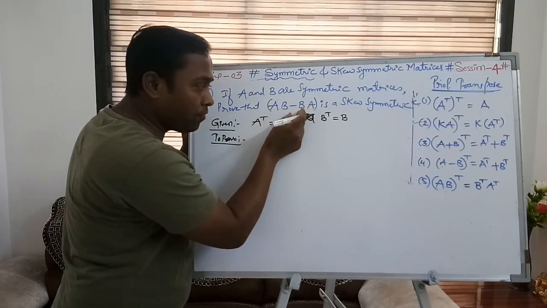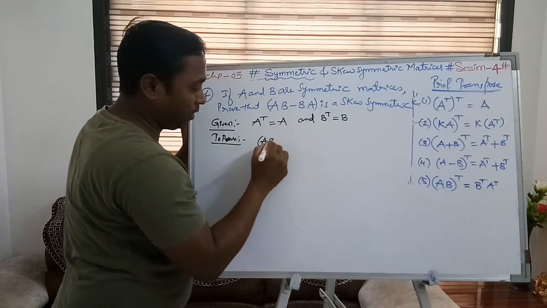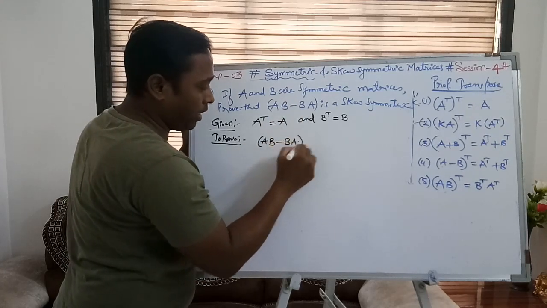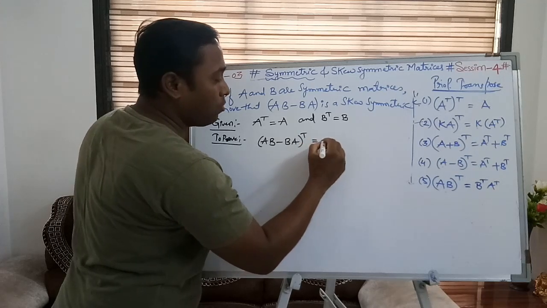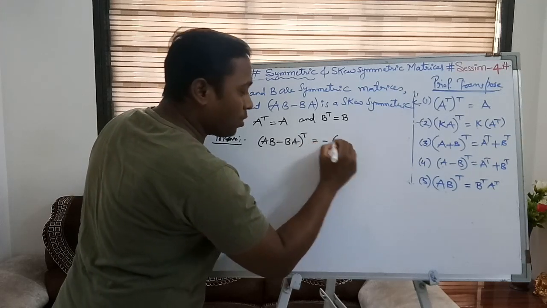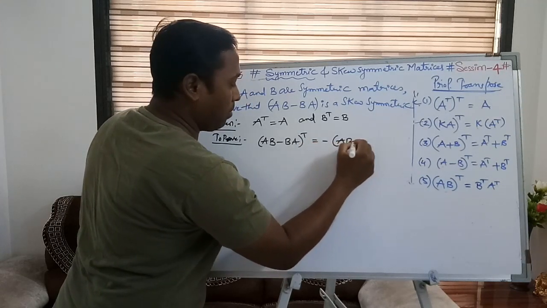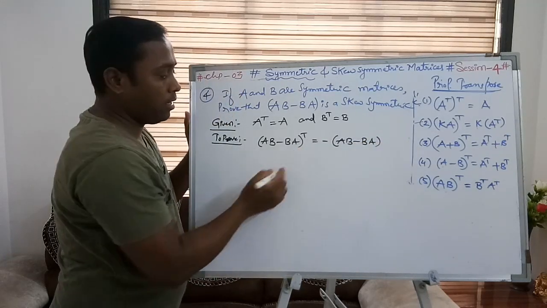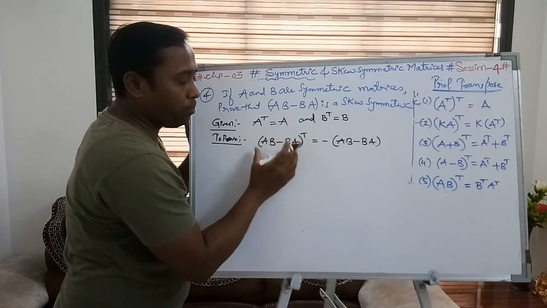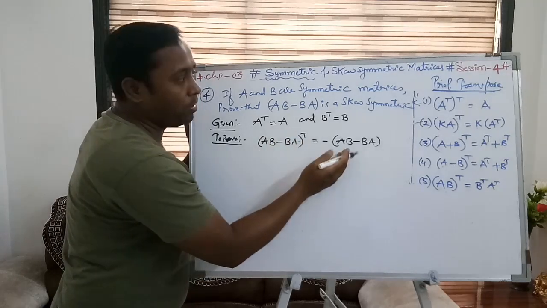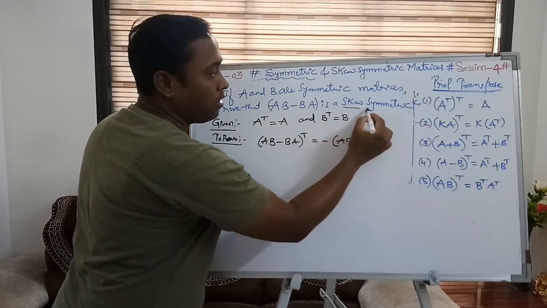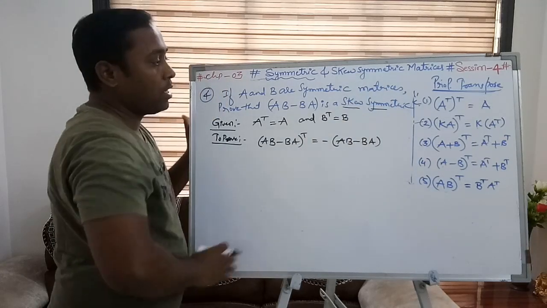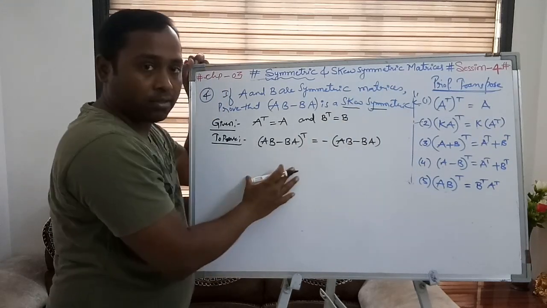It means the transpose of AB minus BA is equal to minus of AB minus BA. Let us say it is P matrix, so P transpose is equal to minus P, because we have to prove it as skew symmetric. So I have to prove this.